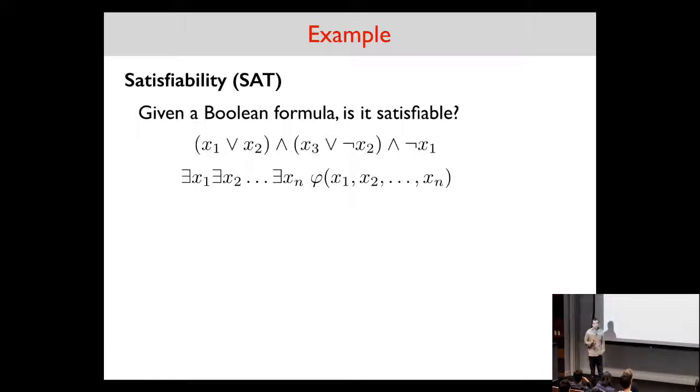Is this sentence basically true or not? Our domain is 0, 1, right? Each variable can get the value 0 or 1.